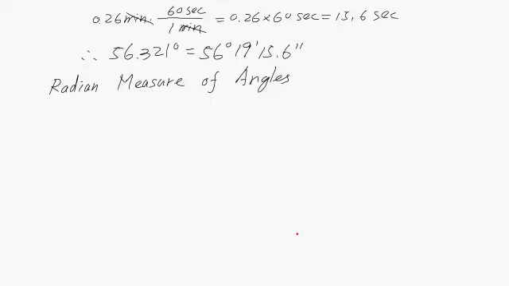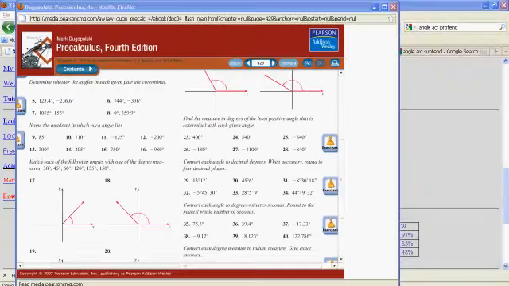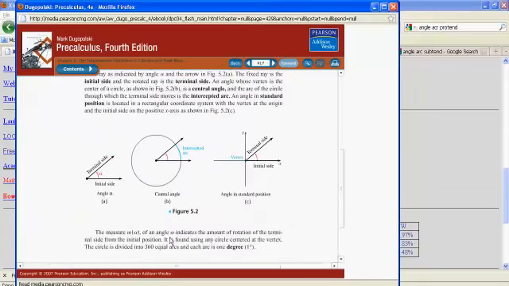Let's go to the book. And we just take a unit circle, this circle with radius equal to 1. And then we put the circle into a rectangular plane with the center at the origin of the rectangular plane.